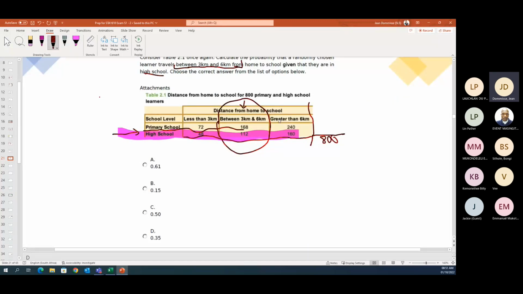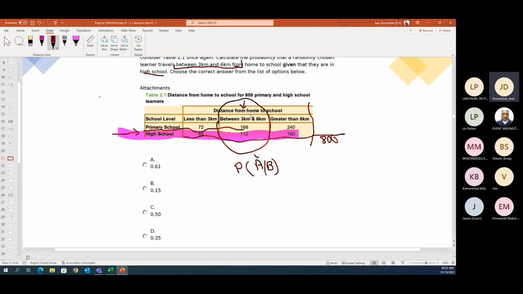This is part of the set of formulas that I will send to you as well. I'm going to write it first in normal form, and then we can fit it in. So what's the probability of A, between 3 and 6, given B?